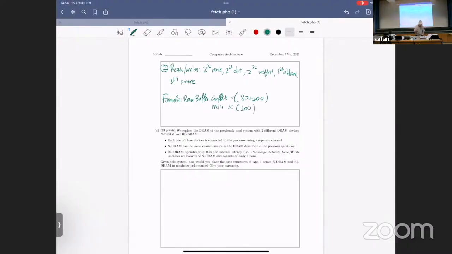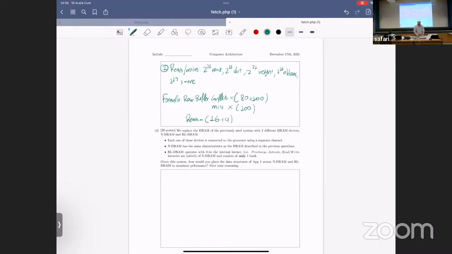And then in the case of reads and writes, how much time does it take to read and write the data from memory? If you read the definitions in the beginning, it's 16 cycles for the reads, plus 4.